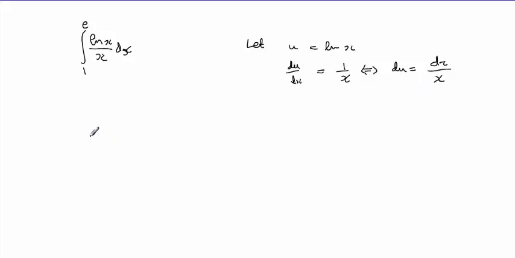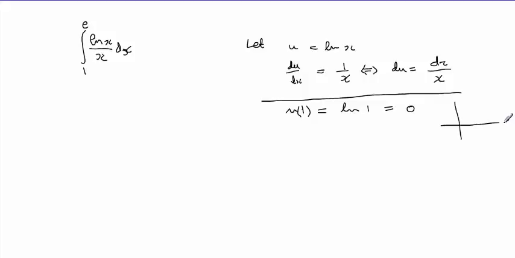Then we substitute that du. Then immediately I would change the limits of integration. The value says u at 1, which will be ln of 1, and we all know that that is equal to 0. Remember, the graph of ln is more or less like this, intersecting there at 1, and then the value of the function is 0.